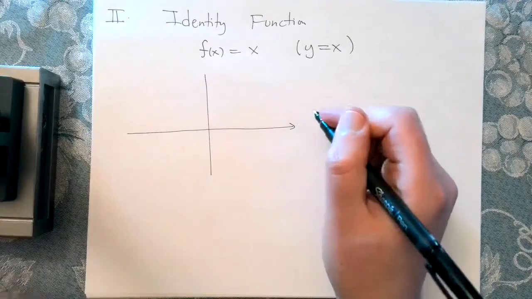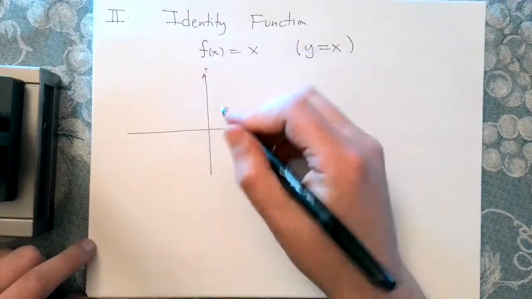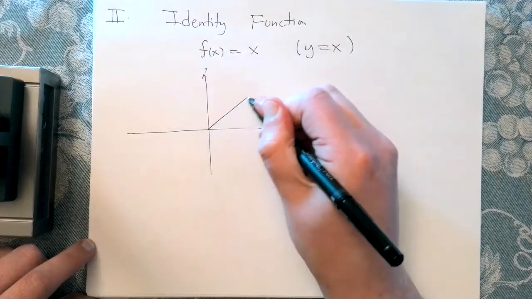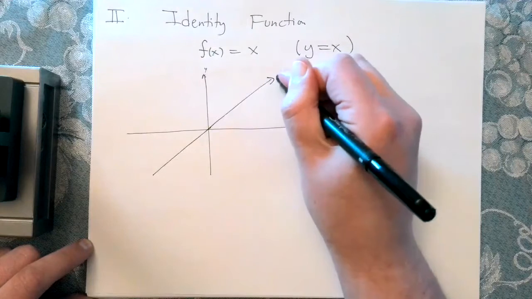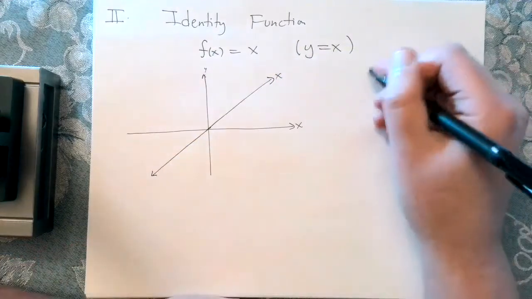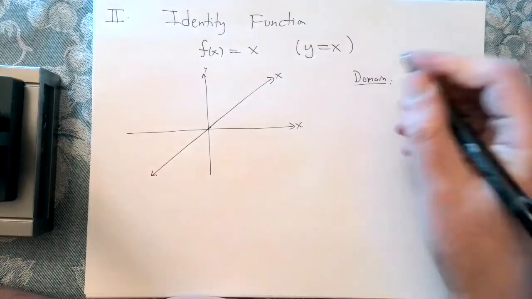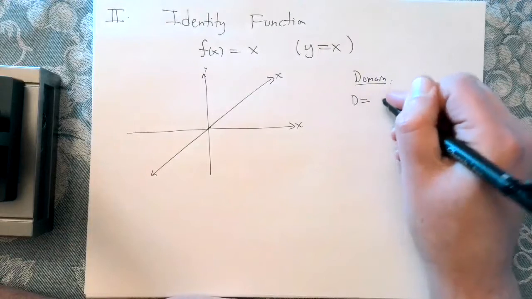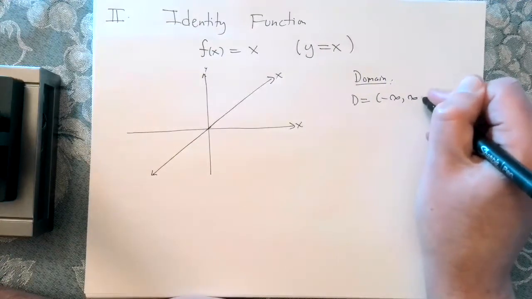And so we know what this looks like. So this is the line that will bisect quadrants 1 and 3. And so let's note the domain. Well, the domain is the set of real numbers. You can plug in any real number you like, and the function's defined.